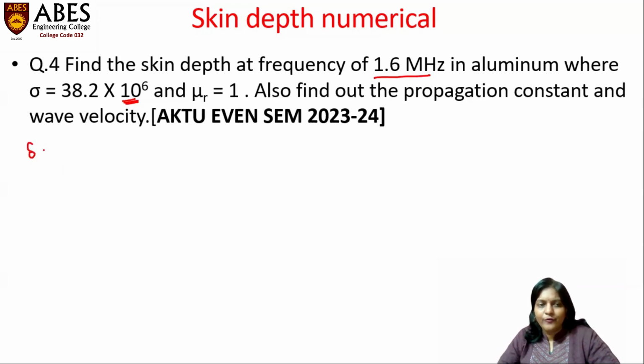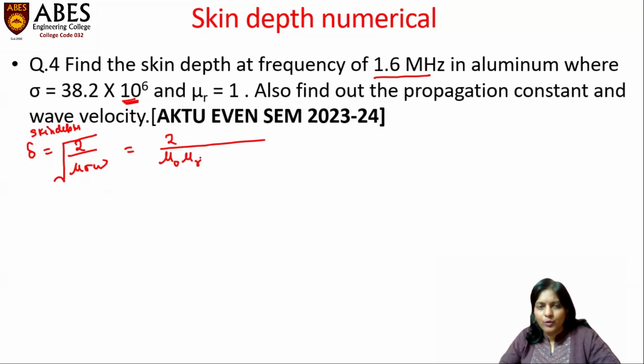The skin depth formula for a good conductor is delta equal to square root of 2 upon mu sigma omega, where mu is mu naught mu r, and omega can be written as 2 pi f. In this way, this 2 is cancelled out by this.